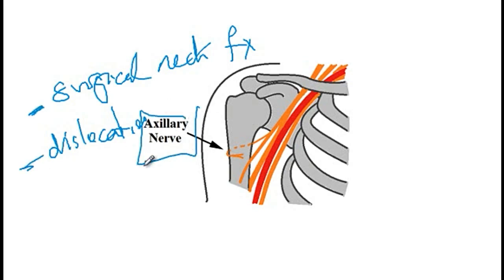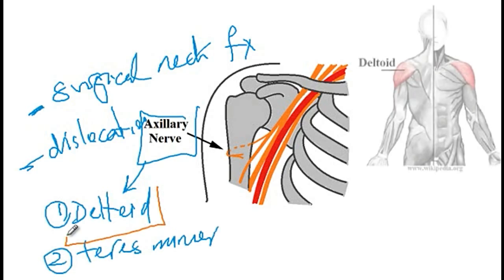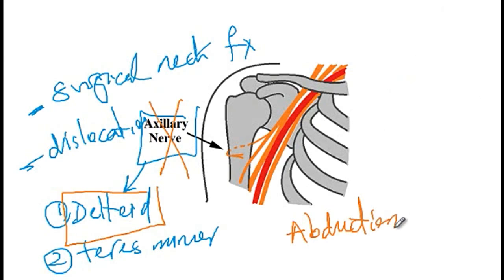The function of the axillary nerve is to innervate the deltoid muscle as well as the teres minor. Since the function of the deltoid muscle is to help with abduction of the arm at the shoulder, patients that have a lesion of the axillary nerve will have problems with abduction at the shoulder.